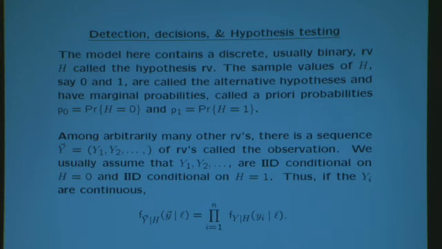The sample values of H, you might as well call them 0 and 1. It's the easiest thing to call binary things. They're called the alternative hypotheses. They have marginal probabilities because it's a probability model. You have a random variable. It can only take on the values 0 and 1, so it has to have probabilities of being 0 and 1.